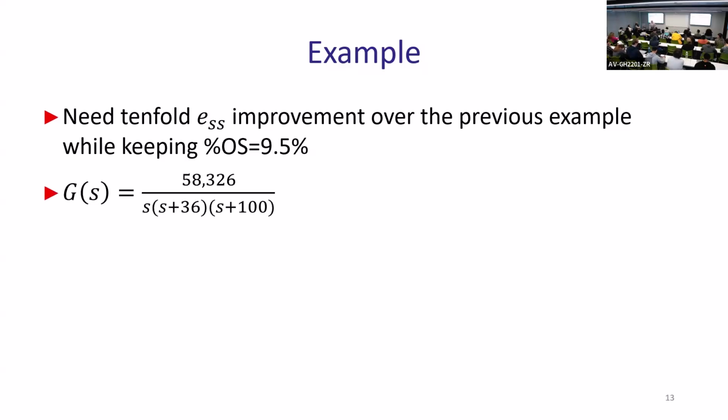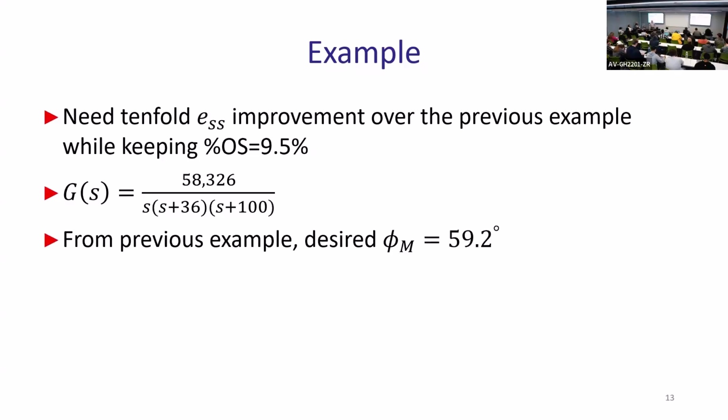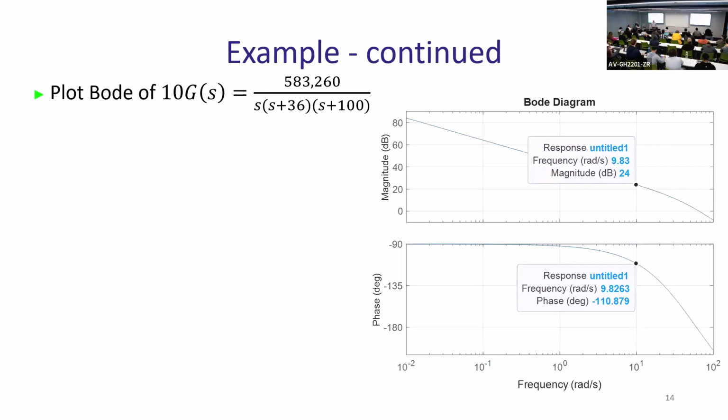So this is your original transfer function, and you plot. You have also 59.2, if you remember from the previous exercise, the desired phase margin that we wanted for the particular overshoot of 9.5%, right? And now, first step, we are plotting the Bode diagram of K times G. So our K now is 10 because we want to increase the gain by 10 times, to improve the steady state error.